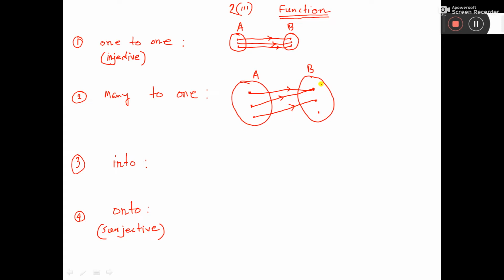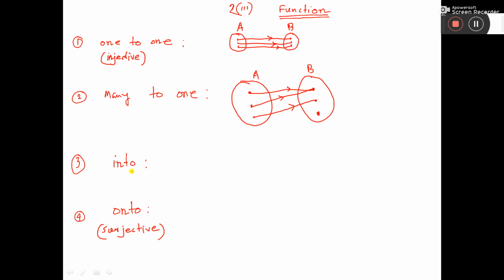In this many to one function, in the set B, there may be an extra element or may not be. In both cases, it will be a many to one function.